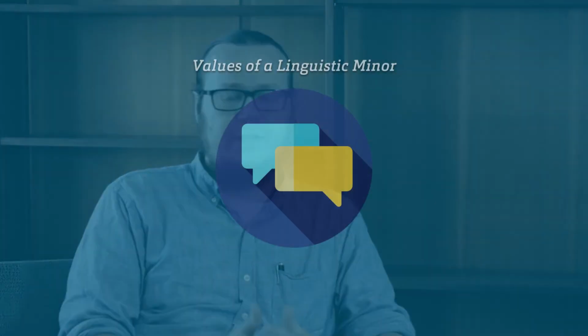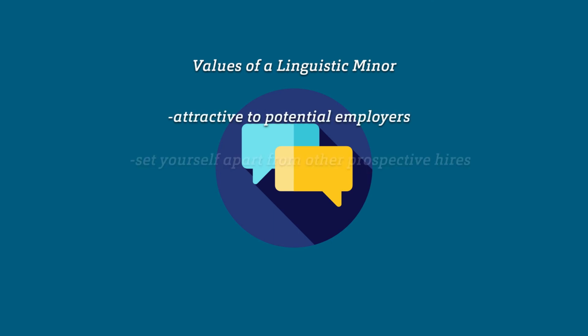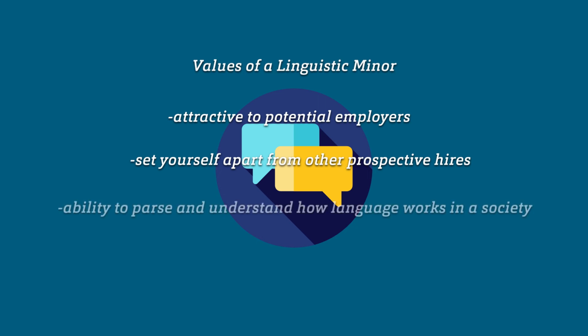It is something that potential employers find very attractive as well. You set yourself apart from other people looking for a job when you bring the ability to parse and understand the way that language works in a society, the way that different cultures and subcultures might use language, and the ability to interact with those different cultures and subcultures.